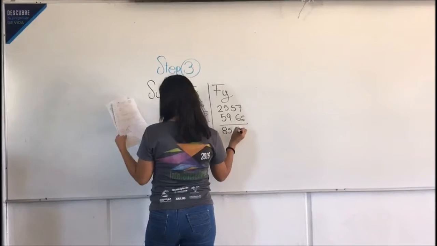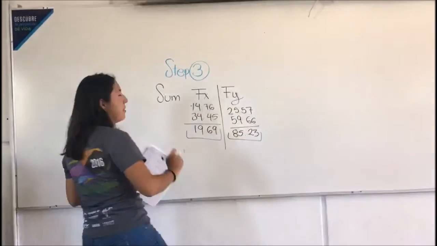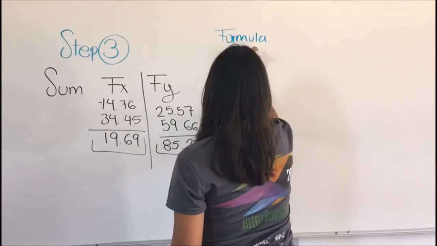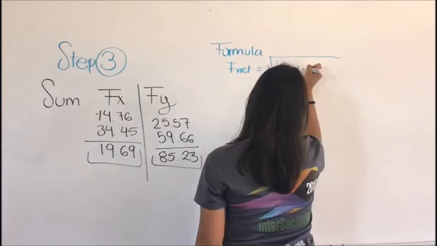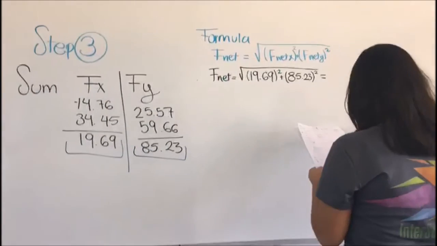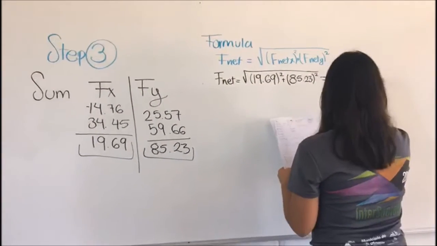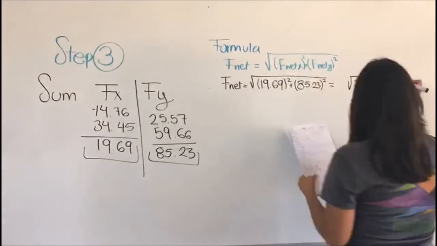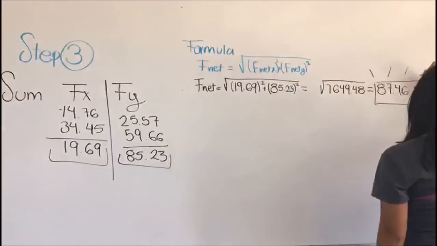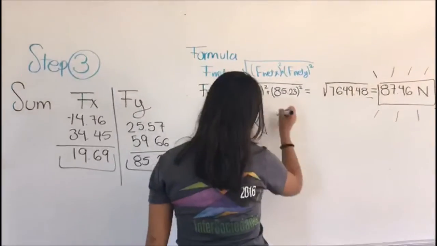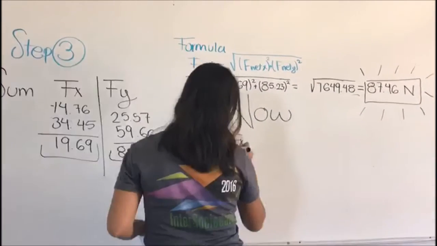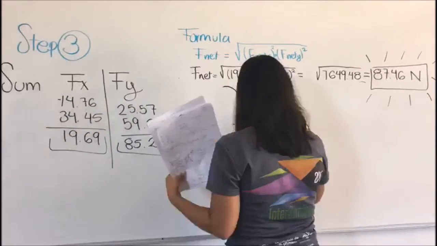We're going to put the square root of 19.69 square plus 85.23 square. And the result of it, that is 87.46 newtons, is the net force.